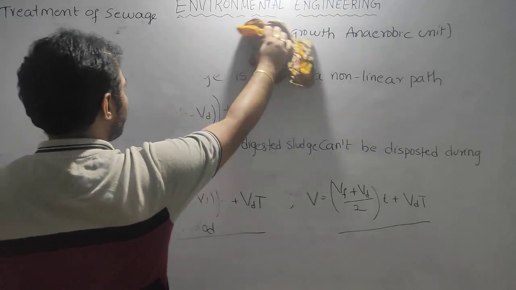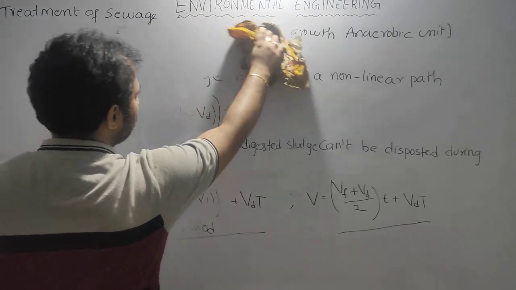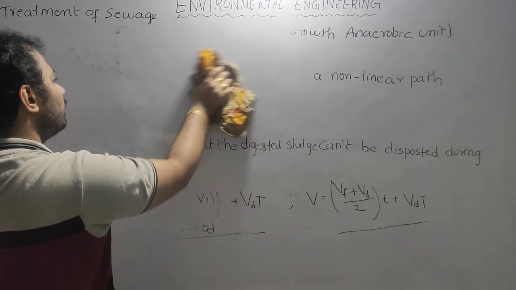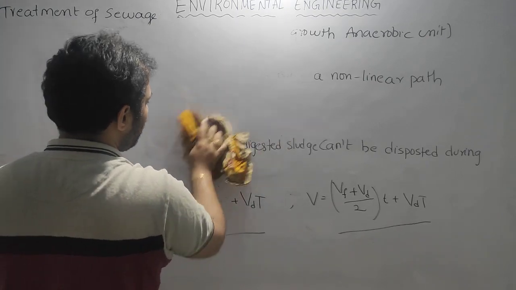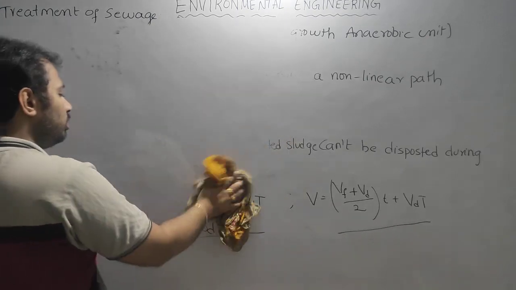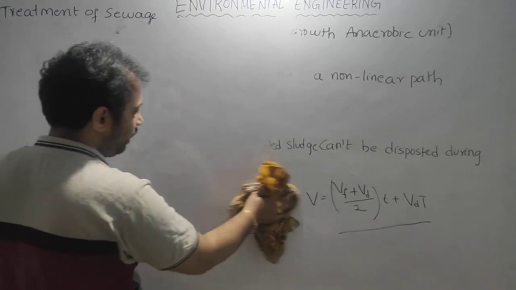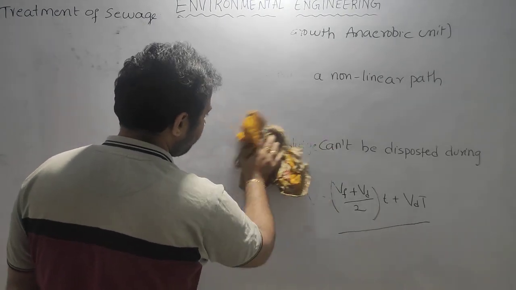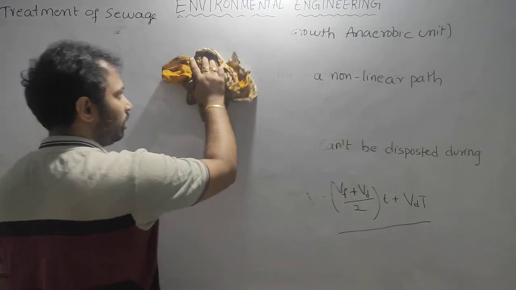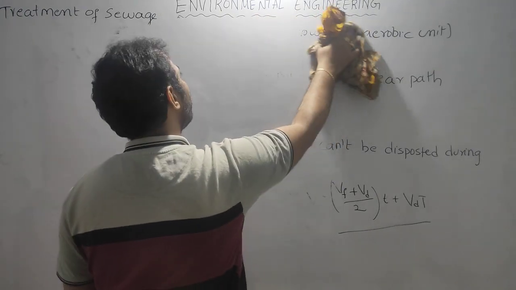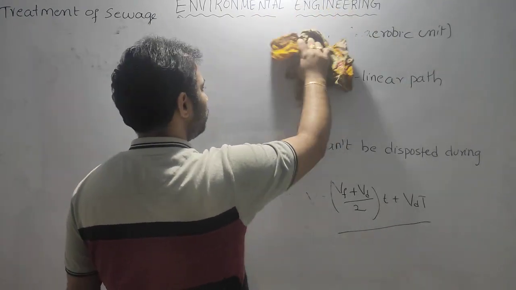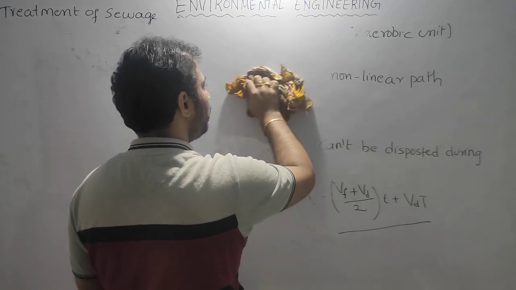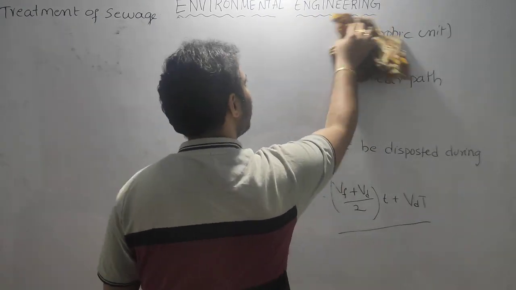Inside the septic tank, the solid sludge goes in as well as the water carrying it. As we all know, water does not need any treatment, it can come out safely. But the sludge needs treatment. So separation of the sludge and water needs to take place inside the septic tank.